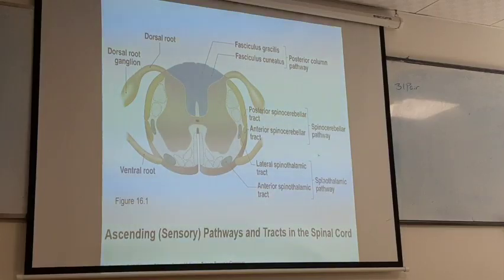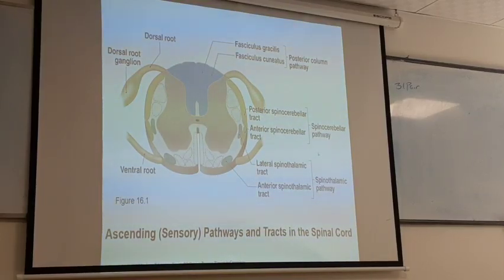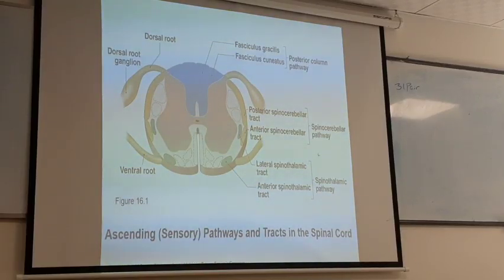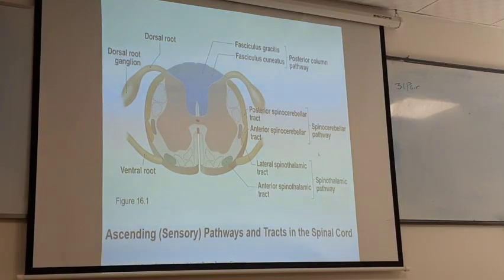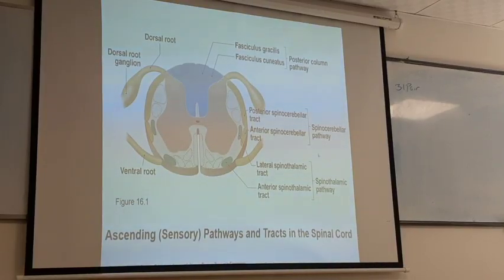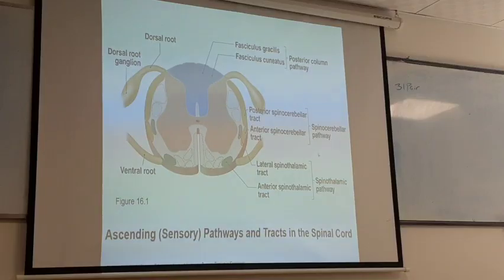Spinothalamic. From the spinal cord, go to the thalamus. Spinothalamic is for pain, temperature, pressure, touch, all by spinothalamic.